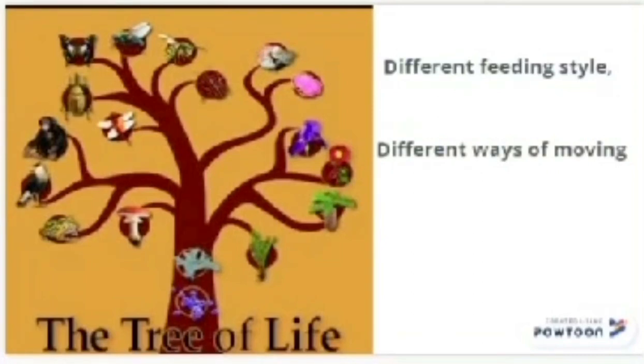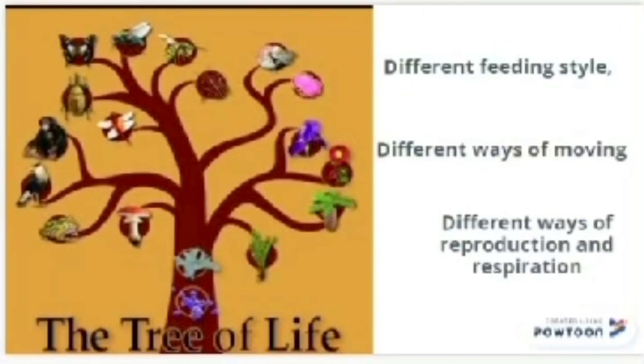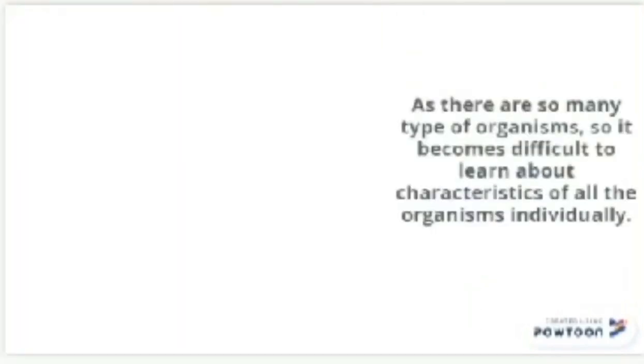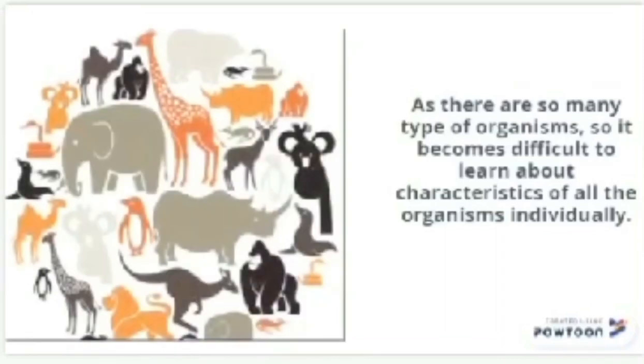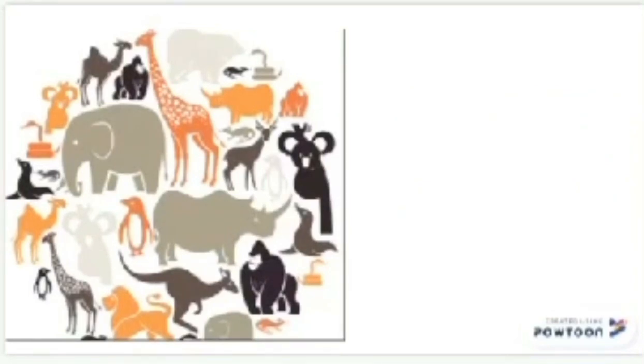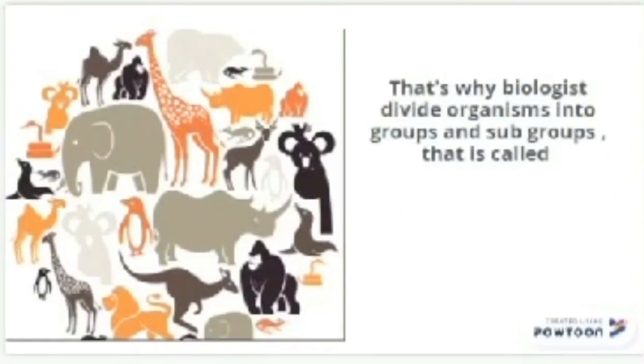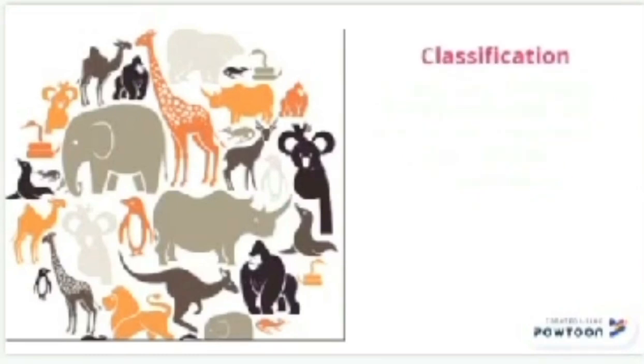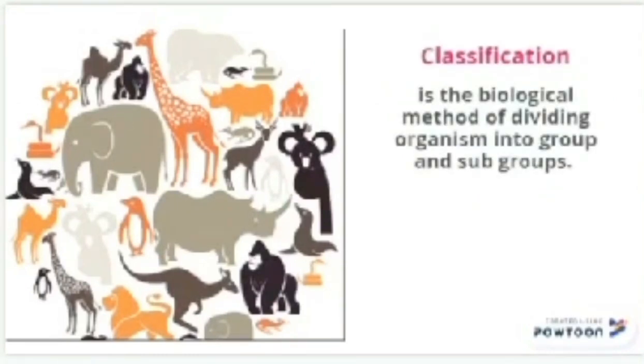Some organisms can fly, some can walk, and some do not move. And they have different ways of reproduction and respiration. As there are so many types of organisms, it becomes difficult to learn about their characteristics individually. That's why biologists divide organisms into groups and subgroups. That is called classification. Classification is the biological method of dividing organisms into groups and subgroups.